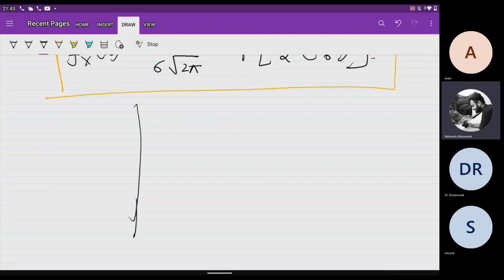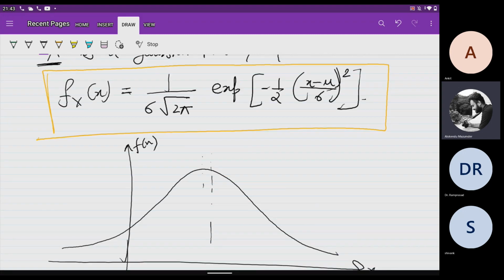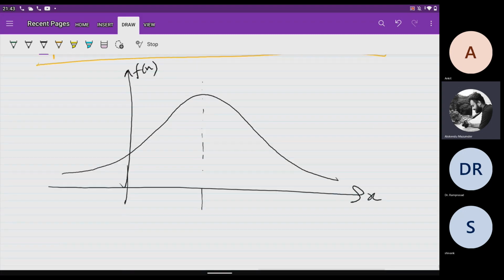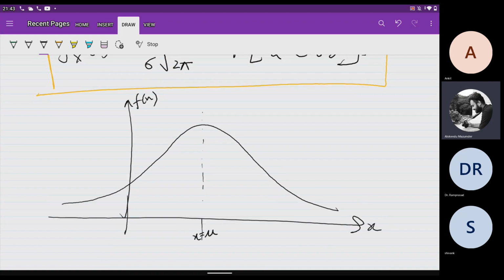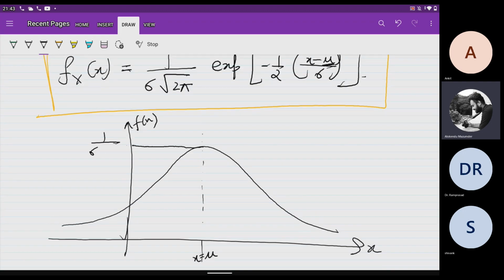The graph is basically like this. The parameter mu you are seeing here is where x equals mu, and the peak is attained at 1 by sigma root 2 pi.